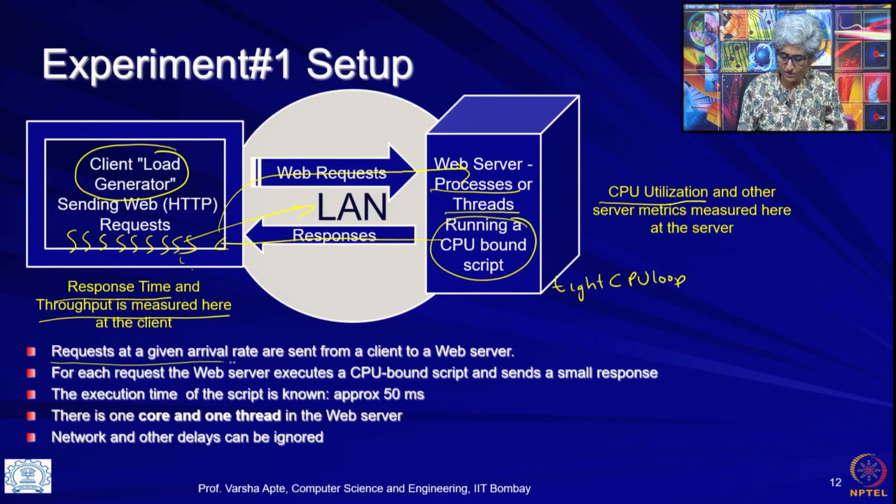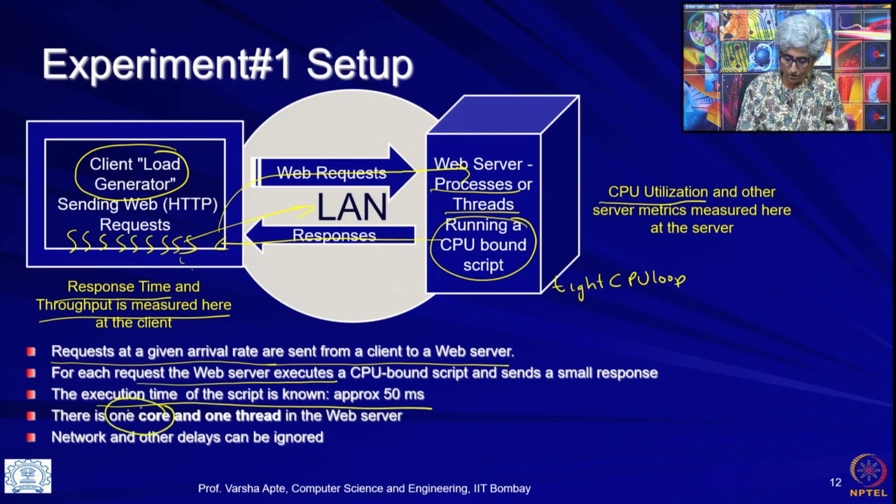We can specify a given arrival rate, and requests are sent from the client to the web server. For each request, the web server executes a CPU bound script and sends a small response. We do not want to load the network in this experiment, so we just send a small response. In this first experiment, the execution time of the script is known, it is approximately 50 milliseconds.